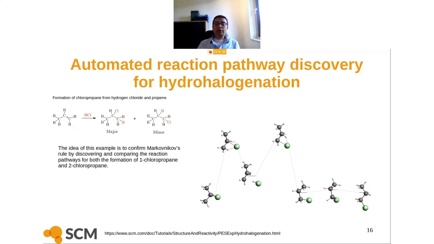So for this particular case, we used DFTB, and the results are quite similar compared to literature. And you can see that if the reaction goes through this transition state, the activation barrier is lower than if it goes in the other direction. So in some way, it confirms the Markovnikov rule for this system.